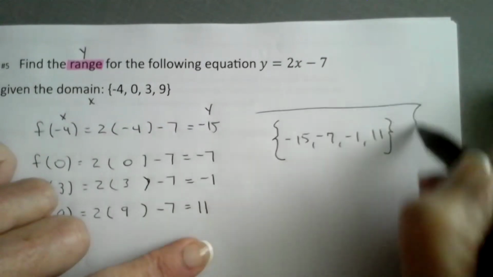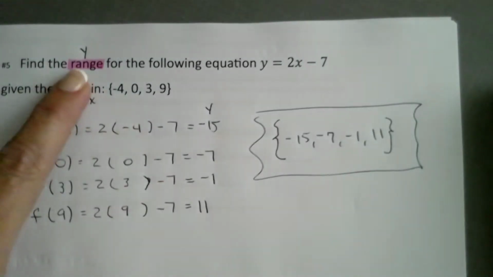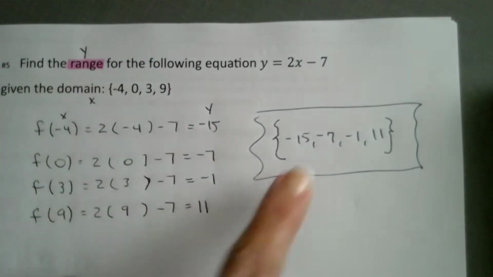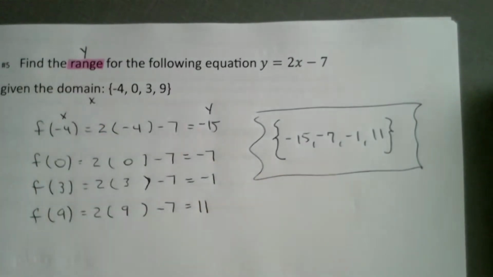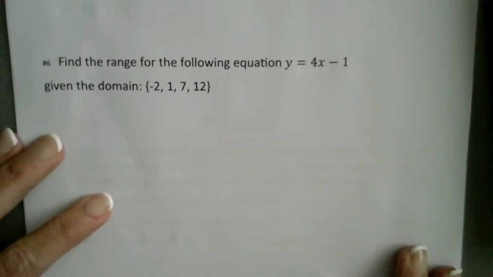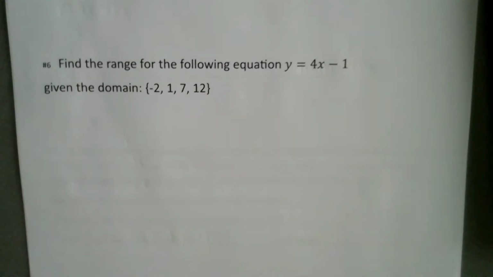So this would be your answer to find the range. We input 4 values for the domain, and we get 4 values out for the range. Okay? All right, so teachers, why don't you let the folks try this and pause the video.